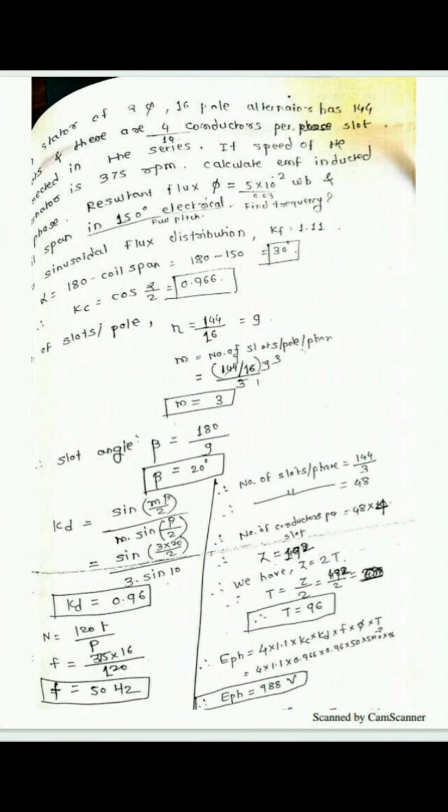First we want to find out the value of kp or kc, because the pitch factor is also called the coil factor. The fundamental formula of kc is cos alpha by 2. In the given problem, the coil span is 150 degrees.